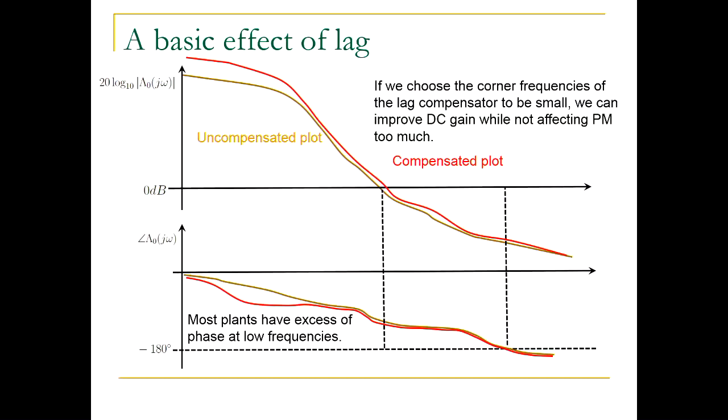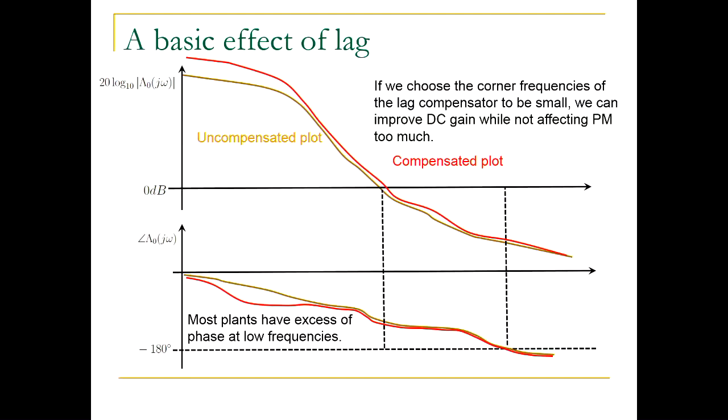So how would you do the compensation? Well, you would choose corner frequencies of the lag compensator to be small. So basically, all of this stuff is happening at very low frequencies. At those frequencies, the plant has excess of phase. So although we reduce the phase here, it won't have any detrimental effect on the stability or performance.